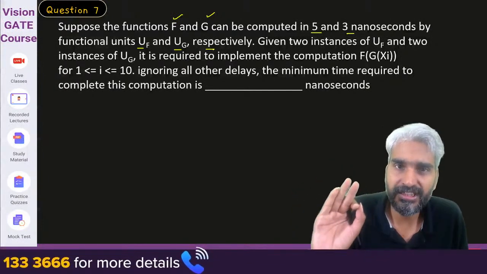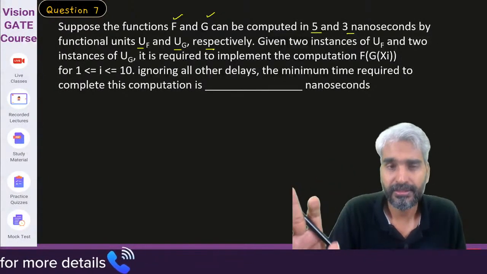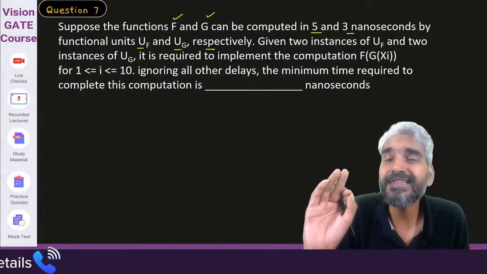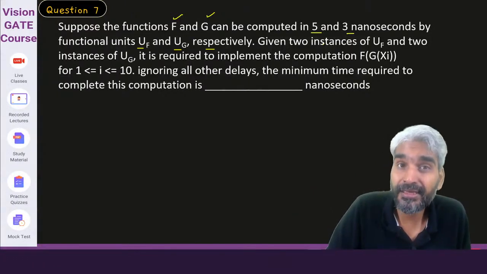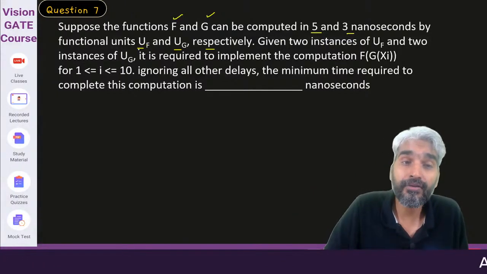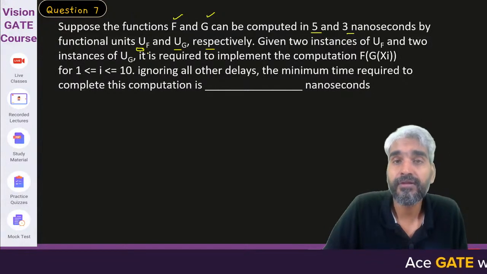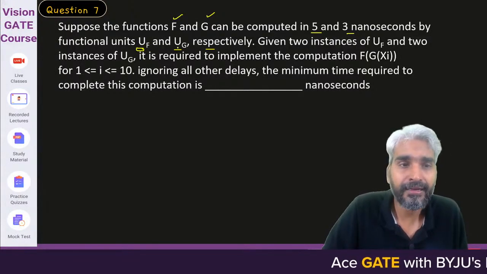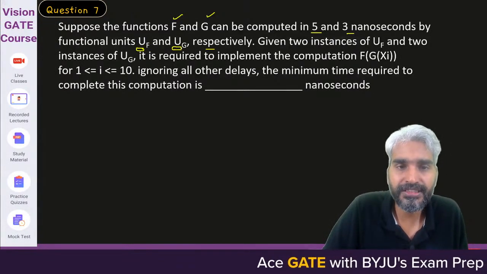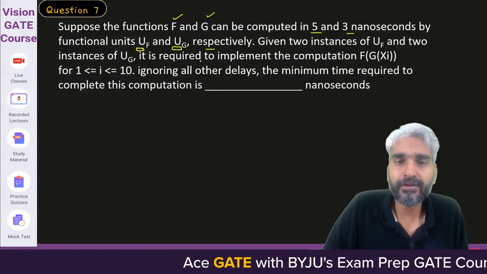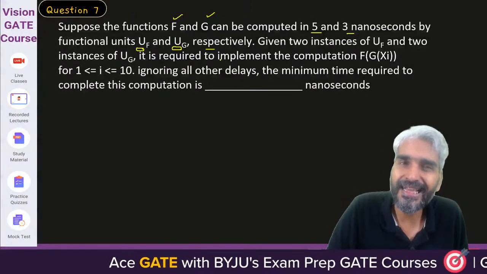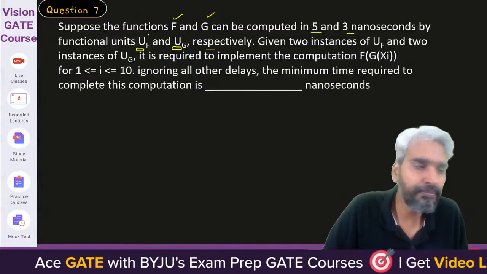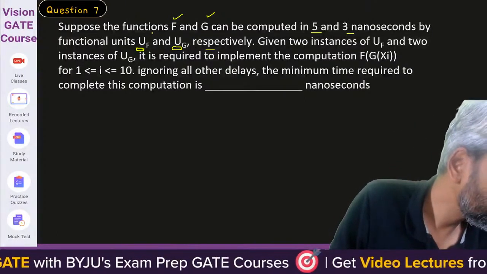To evaluate function g, you will use the unit ug. Given two instances of uf, it is again being said that in your machine you have two copies of functional unit f and two copies of functional unit g, right? Two instances means these two units can perform the operation in parallel.